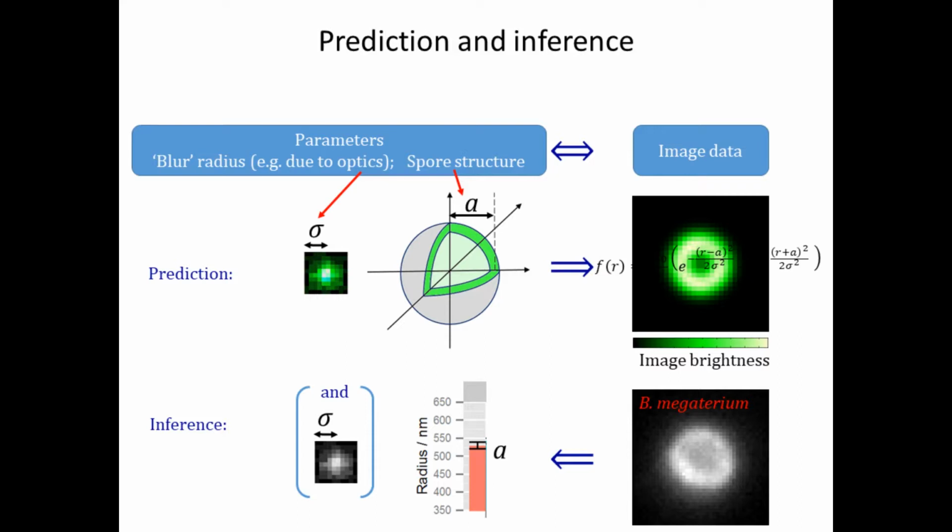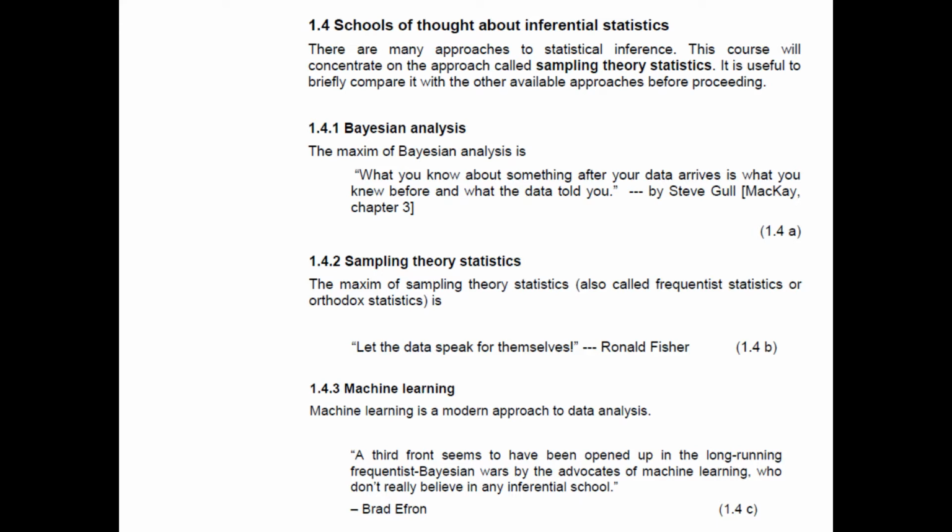I think there are three overlapping schools. School of thought number one is Bayesian analysis. This quote from Steve Gull perhaps describes Bayesian analysis perfectly. It is simply that what you know about something after your data arrives is what you knew before, plus what the data told you. Now, Bayesian analysis is a way of doing that adding up of information.